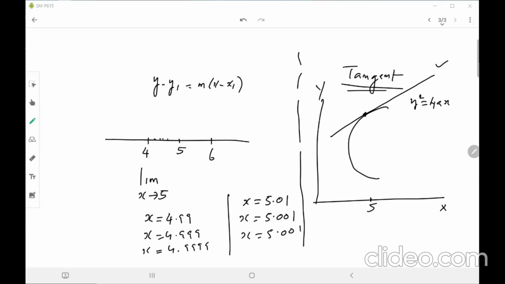So for finding the equation of a tangent, since this is a known figure, we find the derivative and we can find the value of m.